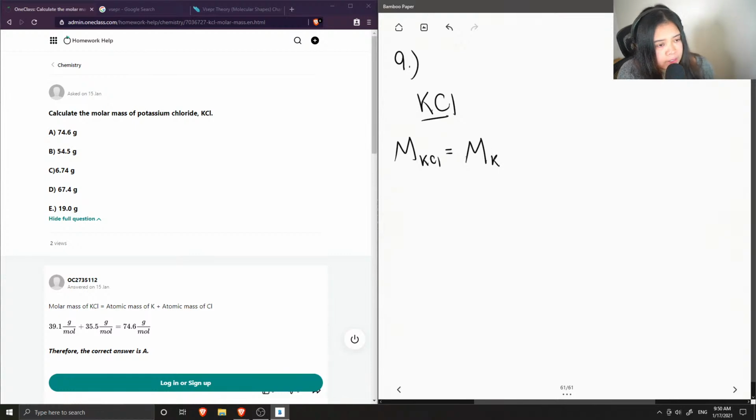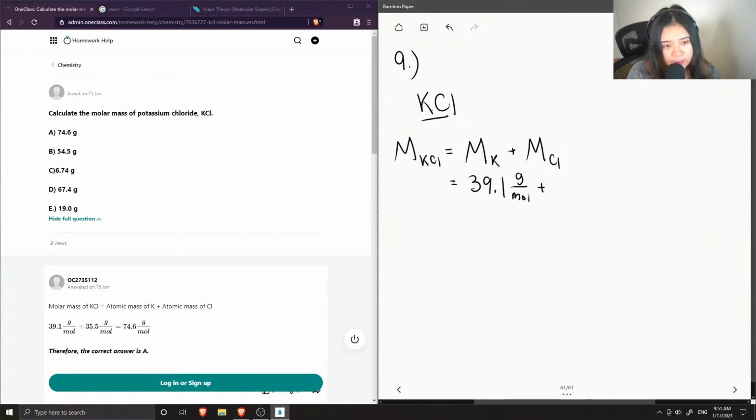And to find potassium chloride, we just need to sum up the molar mass of potassium plus the molar mass of chlorine.